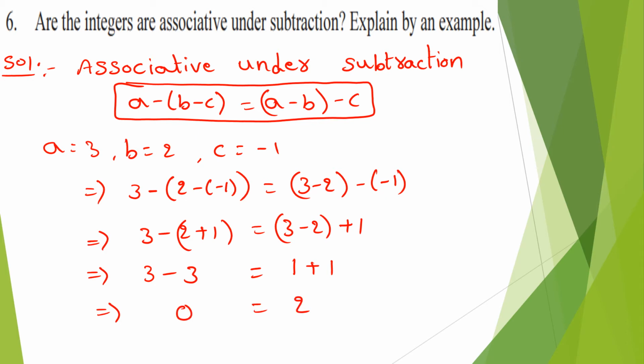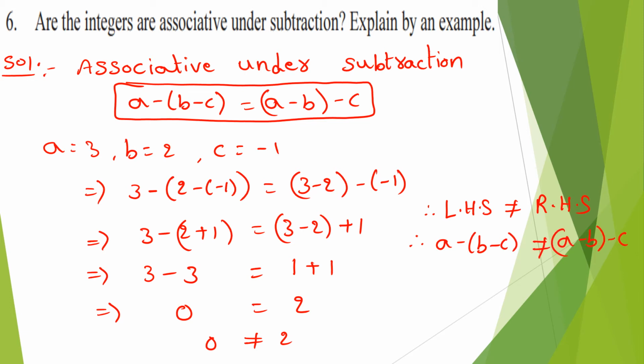Is 0 equal to 2? Not equal, right? So 0 is not equal to 2. Therefore LHS is not equal to RHS. Therefore A minus B minus C is not equal to A minus B minus C, so subtraction is not associative.